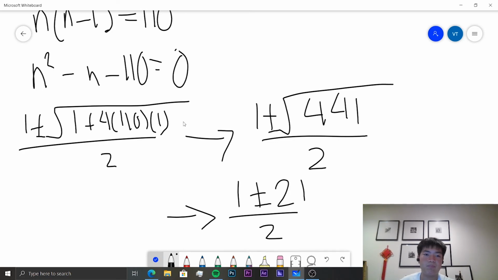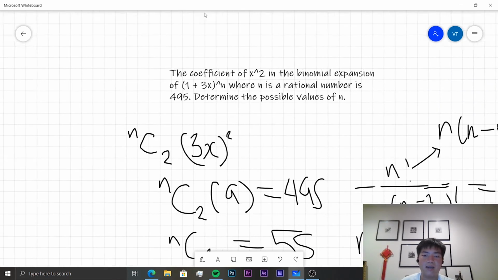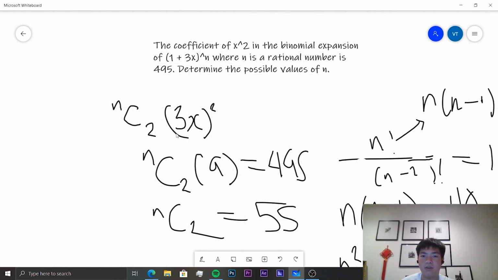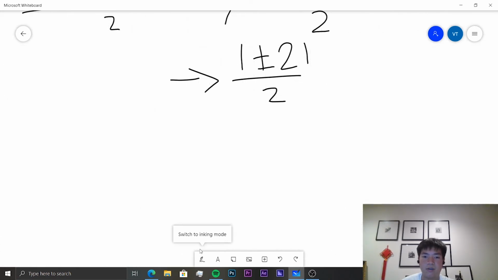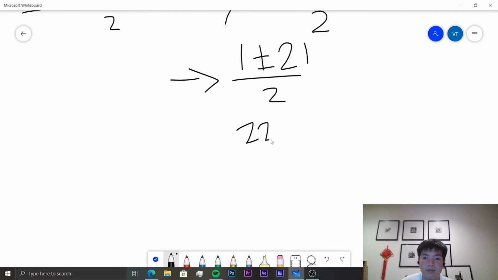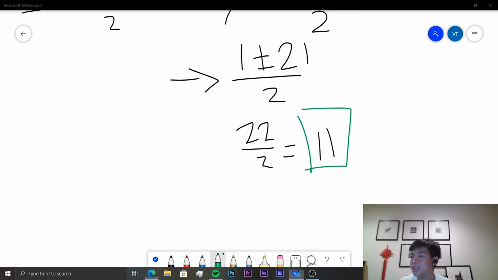And because we need to remember that n choose 2, I think, only works for positive numbers, I think the only solution to this problem is if we add these numbers together. So we get 22 over 2, which is equal to 11. I think that's the only solution, but let me just check the mark scheme quickly.